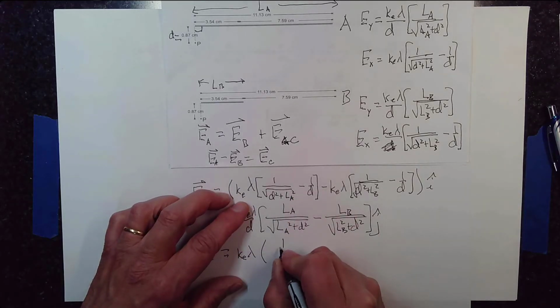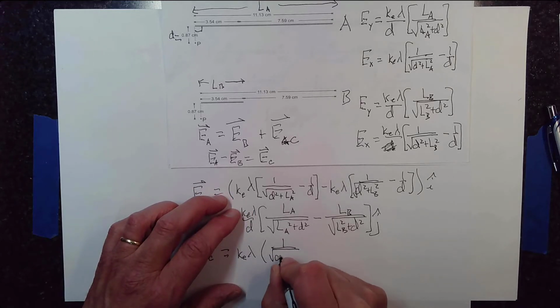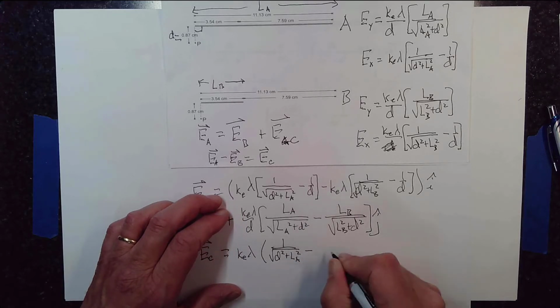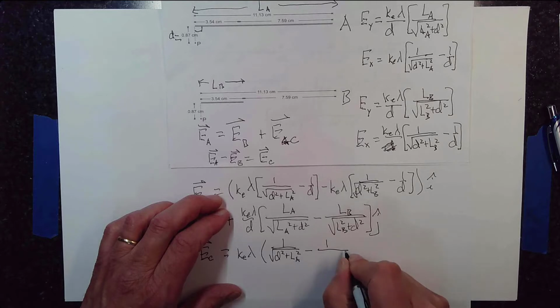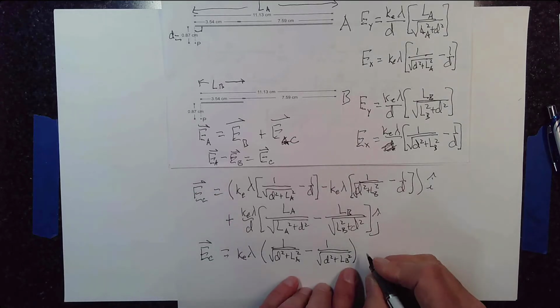And I'm left with 1 over the square root of D squared plus L sub A squared minus 1 over the square root of D squared plus L sub B squared. And there's my I hat term.